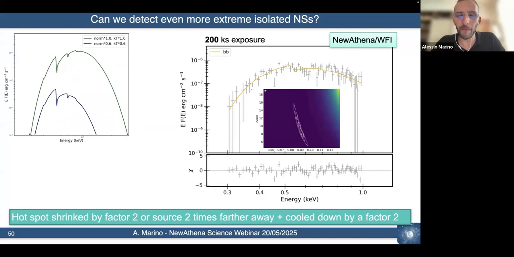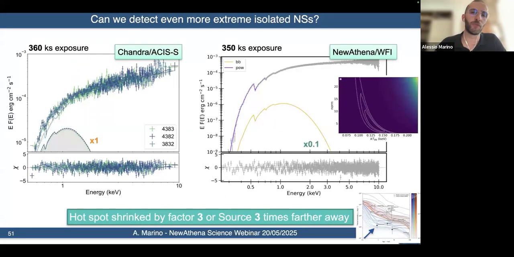But also we can, for example, constrain and find thermal emission in sources like J0205, which was one of the pulsars again, the one where the emission was dominated by the nebula contribution. We can find in a source like this significant emission from the black body, even if it was 10 times fainter than the case of PSR J0205.